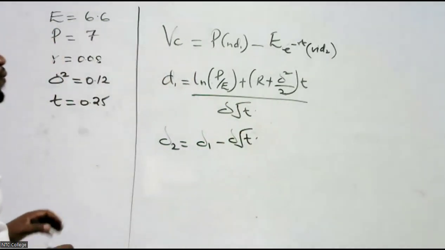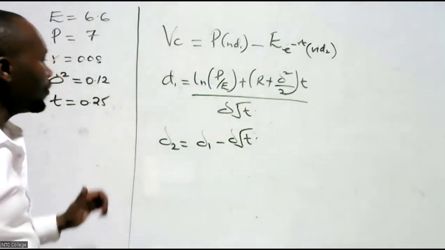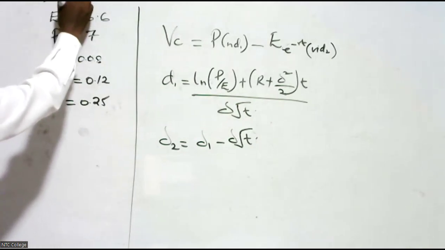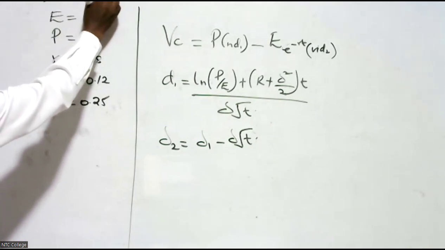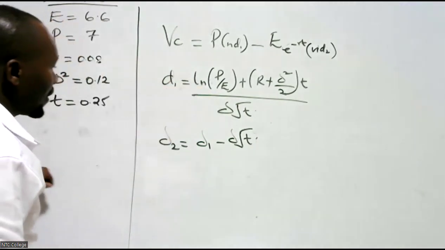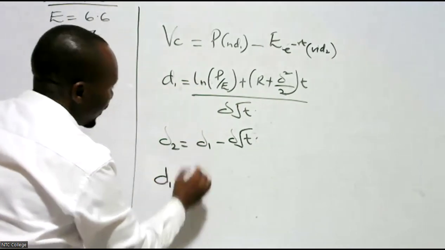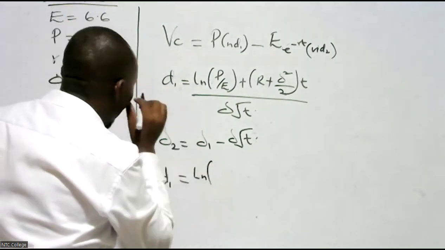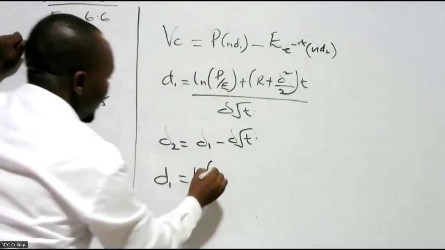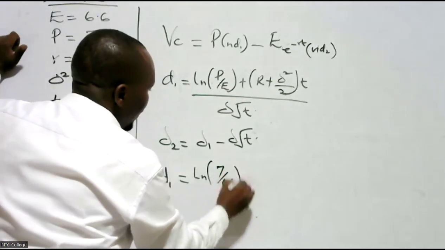Right? So from here, we can be able now to start solving our problem using the information that we have. This one is December last year, 2023. So we come here and now look for the figures. So let's start by solving our D1. So D1 here is Ln of P, which is 7, all over 6.6, right?